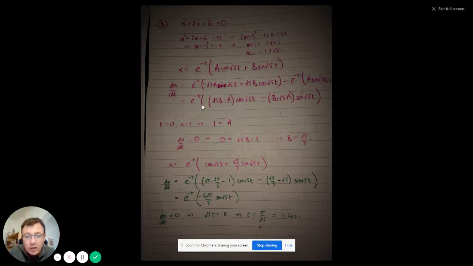So x is 1 leads us to, that's 1, that's 0, that's 1. So a is 1. Okay, when dx/dt is 0, that's 1, that's 0, that's 1. So we've got this here is 0. So there's b is root 5 over 5. So there's my expression for x.